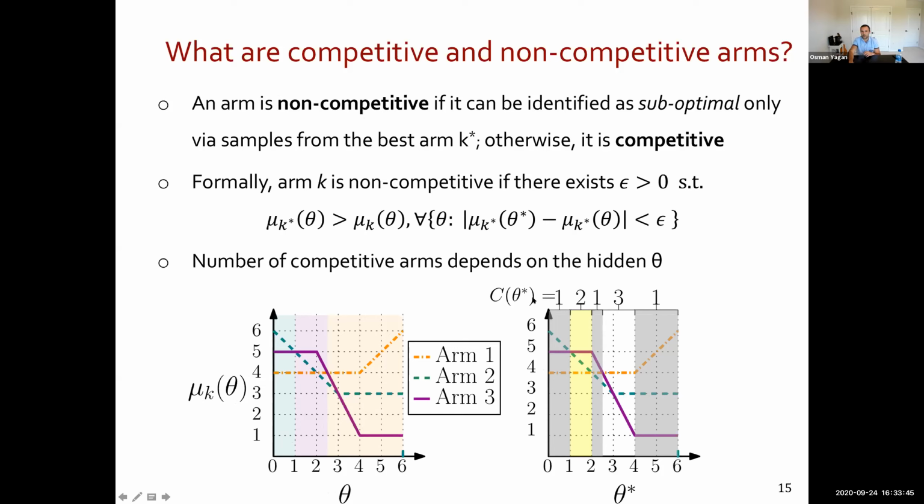So in this region, if theta falls between 0 and 1, there is only 1 competitive arm. Here it is 2, 1 again, 3, and 1, and so on. So again, the number of competitive arms is something that you can only determine after the fact, after you know what the exact value of theta is.